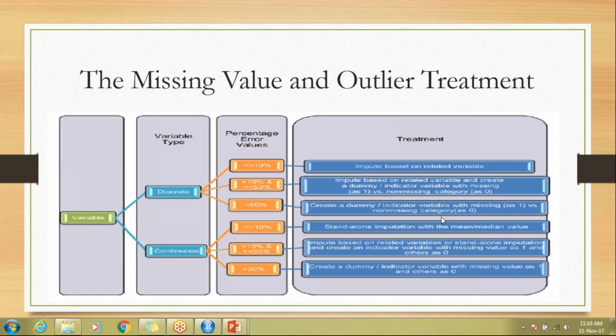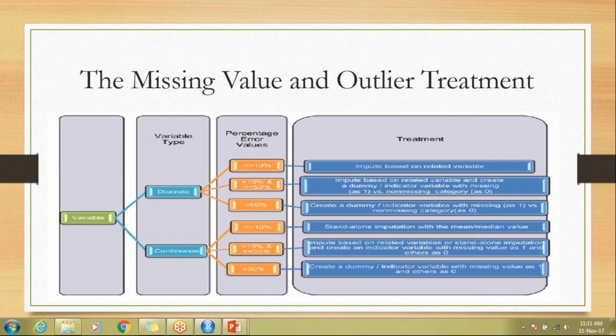But otherwise, the replacement could be with the mean, or in case I have a continuous value, I can replace it with a mean or a median value. As said earlier, I can make necessary changes based on the different variables that I have along with my missing value.